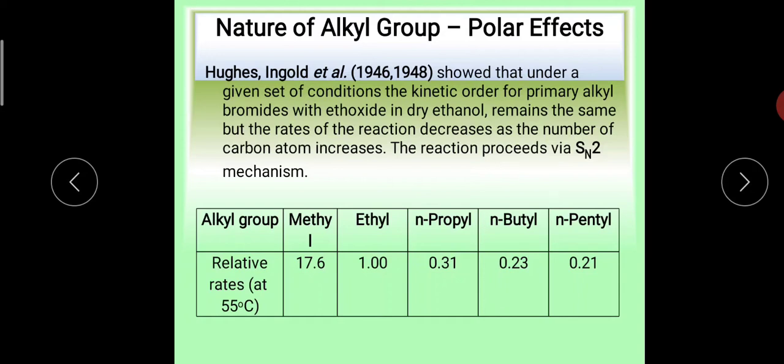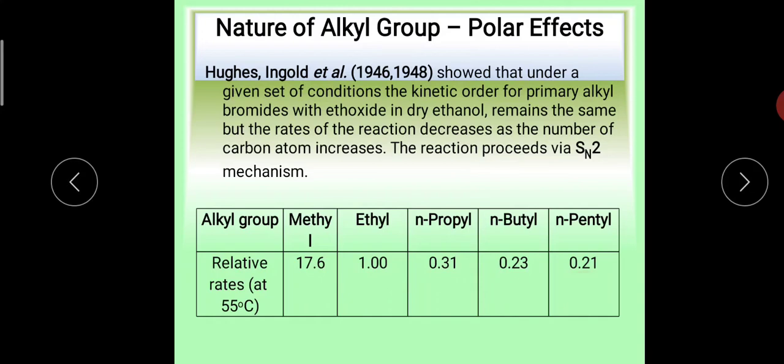So what are we going to consider? If you consider the series methyl, ethyl, n-propyl, n-butyl and n-pentyl halides, and carry out the hydrolysis with ethoxide in dry ethanol as the solvent, then at 55 degrees the relative rate of the reaction has been given below.